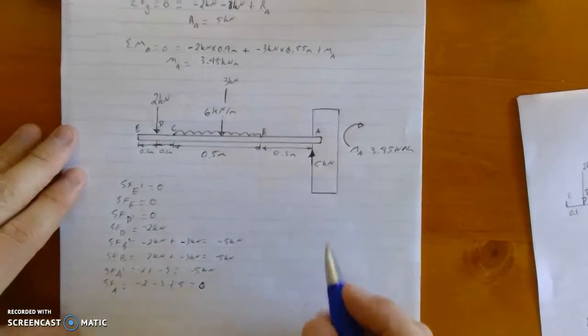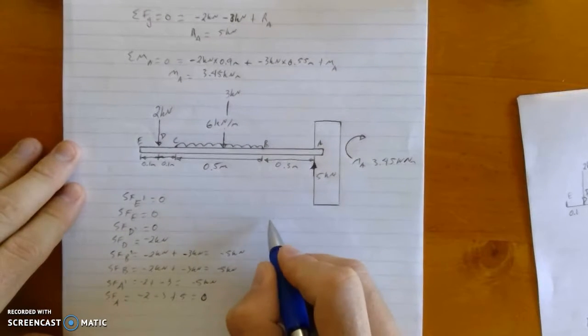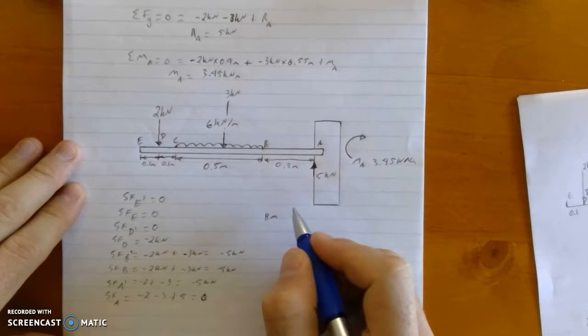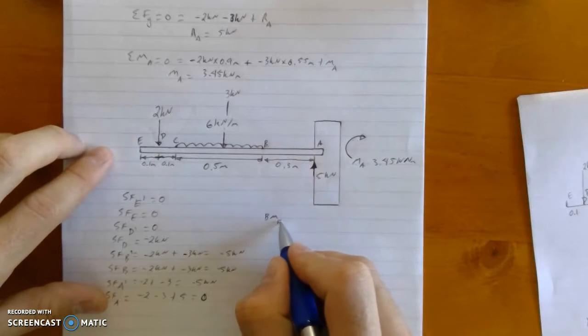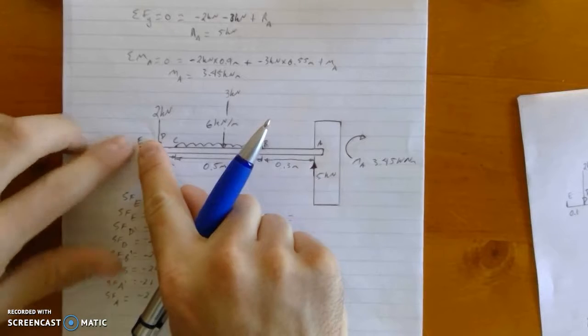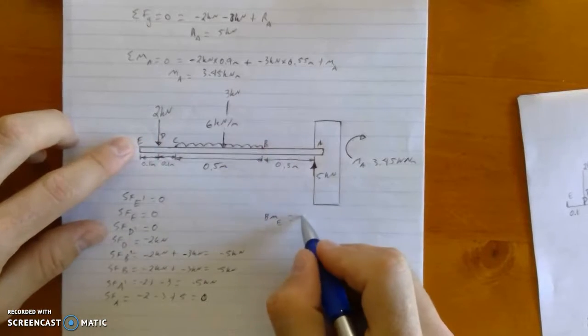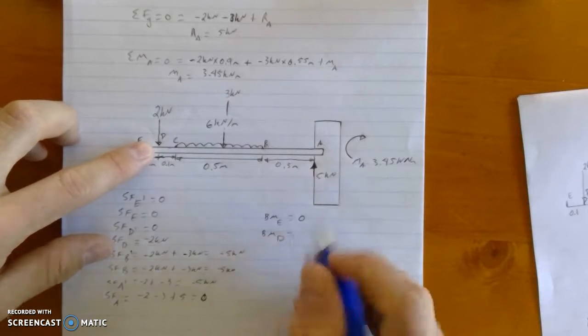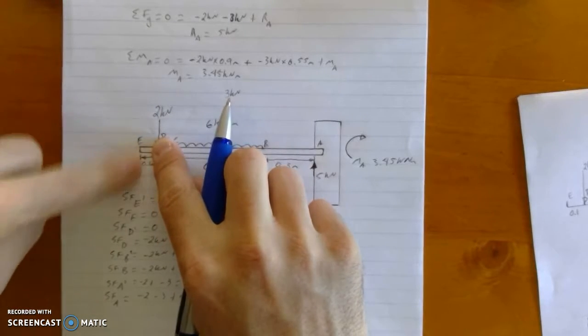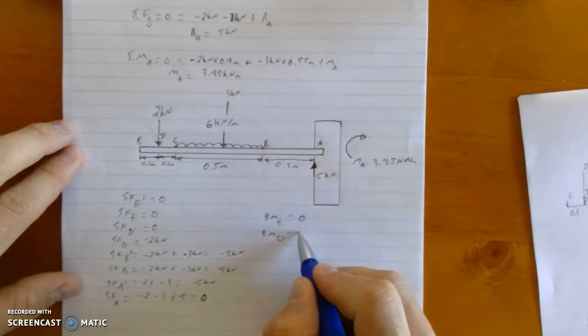Alright, now let's sort out our bending moments. The bending moment at point E is the sum of the moments to the left of it. At that point we have no moments. The bending moment at point D, still there's no forces, so we have 0.